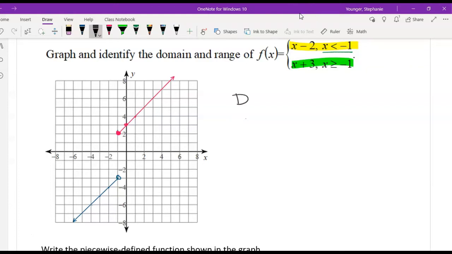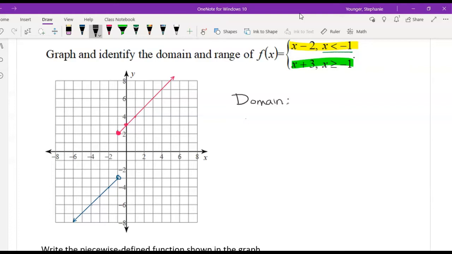So let's take a look at our domain. The domain refers to all possible x values. And if we look along this x-axis, we have values represented by every value of this graph. So if it's -6, we're down here at -8. If it's +2, we're up here at 5. But what happens if it's -1?